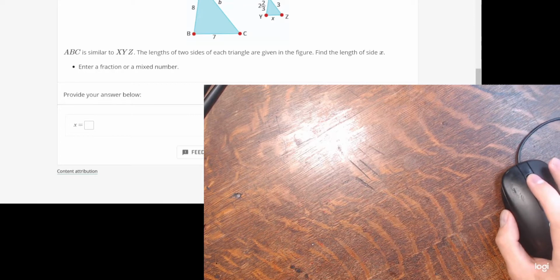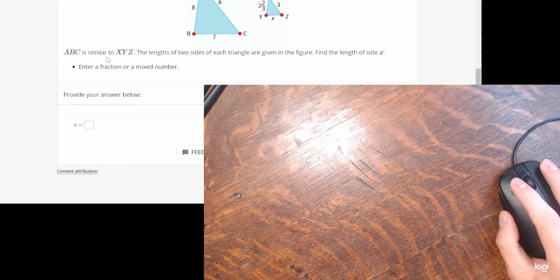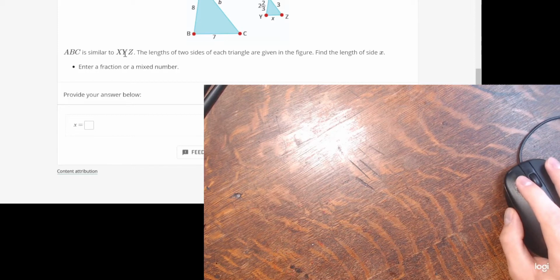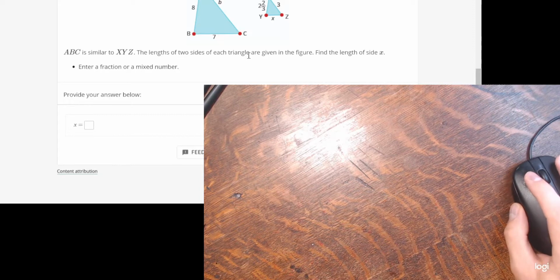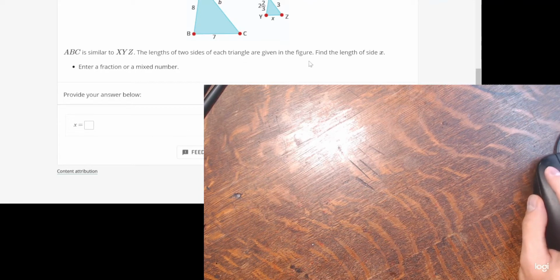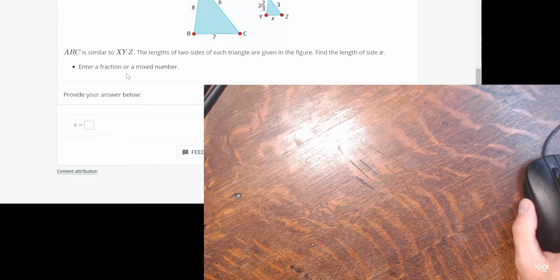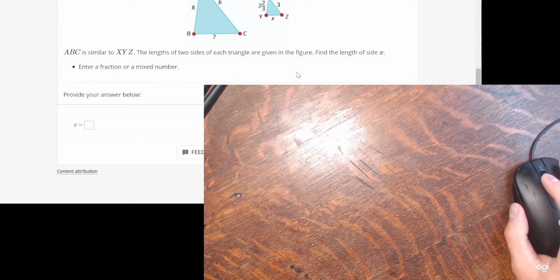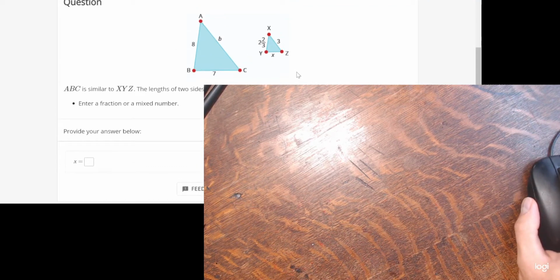Once again, pay attention to how they're named. A corresponds to X, B to Y, C to Z. The lengths of 2 sides of each triangle are given in the figure. Find the length of side little x and enter a fraction or a mixed number. So here's the diagram.